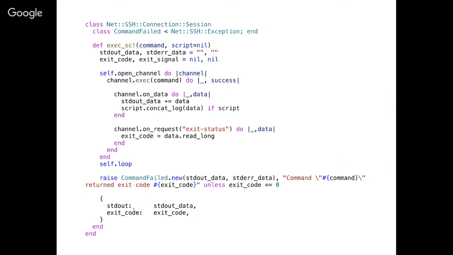Then in the middle there, we have channel on request exit status. That's our exit code. We can grab that at the very end and then save it to a variable. And then down below, we can check and see if that exit code was not 0. In Bash, exit code 0 means it was successful. Any other number is an error.